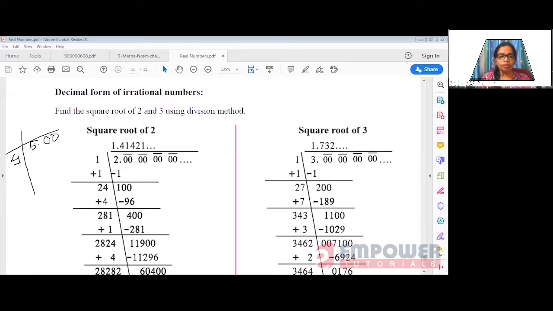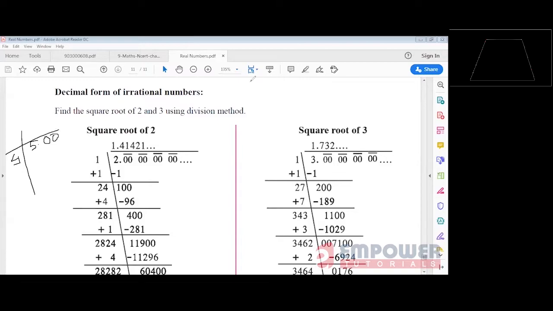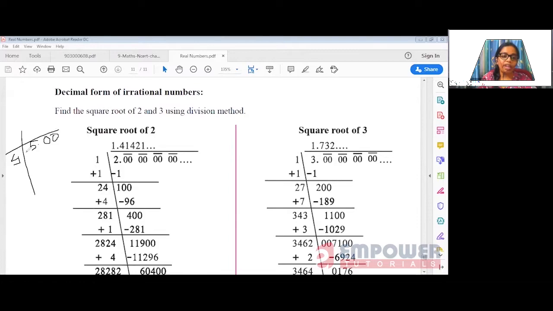So we should take 4 over here, right? Am I right? Yes, anyone? No, you don't have to take 4 over here. What we are going to do is take the square root of that number.